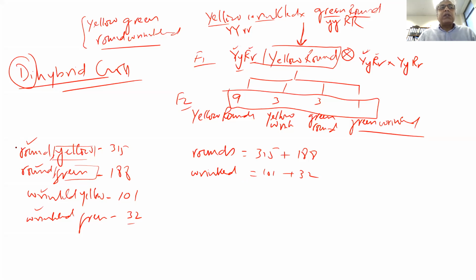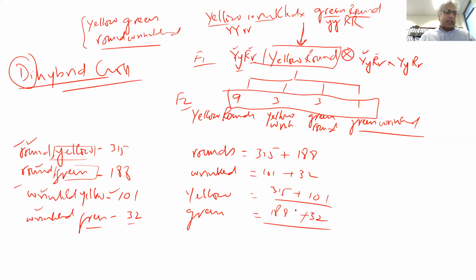Then he forgot about the seed shape, round and wrinkled, and he said, let's look at the colors. Yellows were 315 plus 101, and greens were 188 plus 32. If you add them together, you will get these numbers.